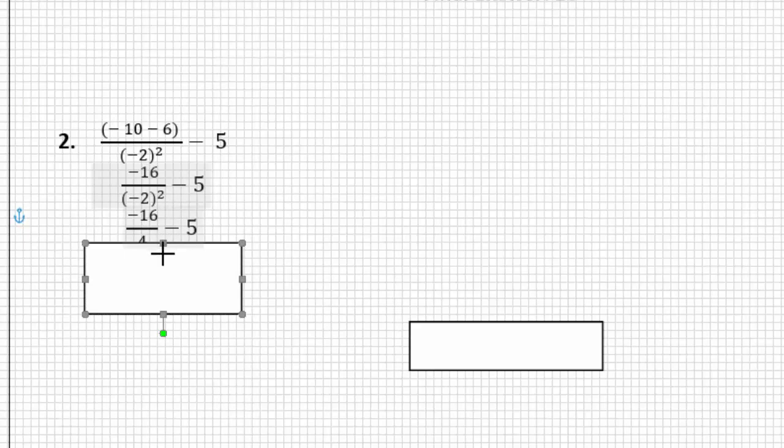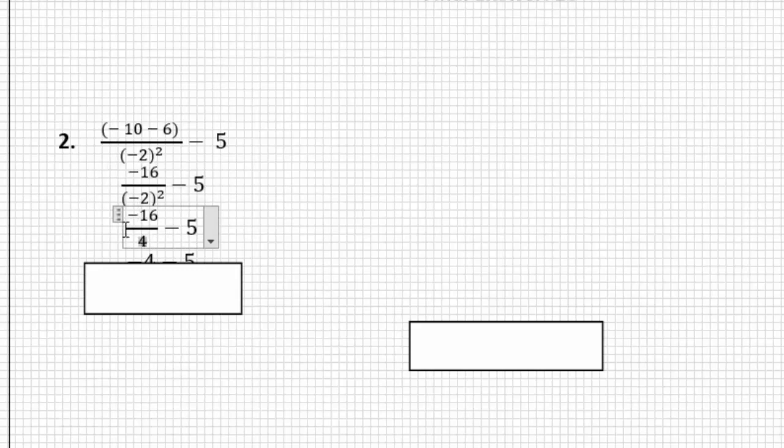Next I'm going to take care of that exponent. So -2 squared means -2 times -2, and negative times a negative is a positive, so that would give me a positive 4. So the problem now reads -16 divided by 4, subtract 5.